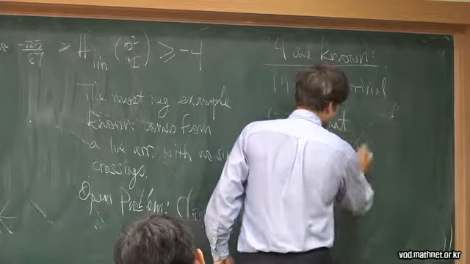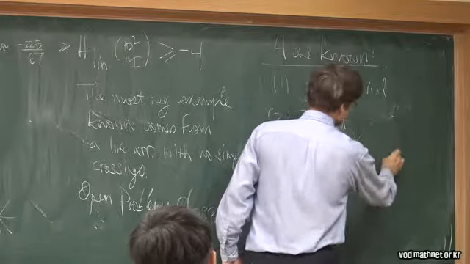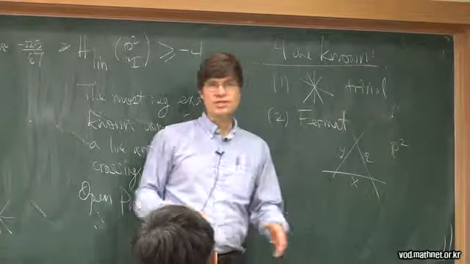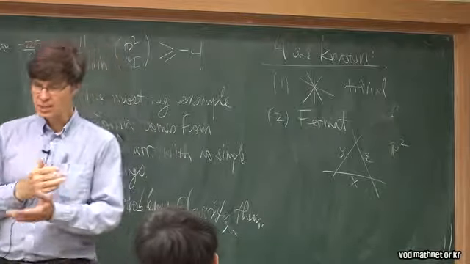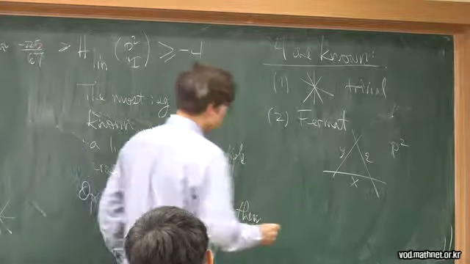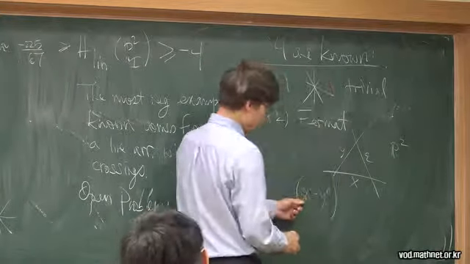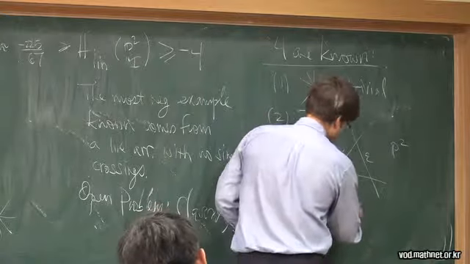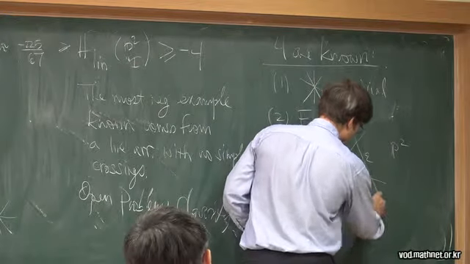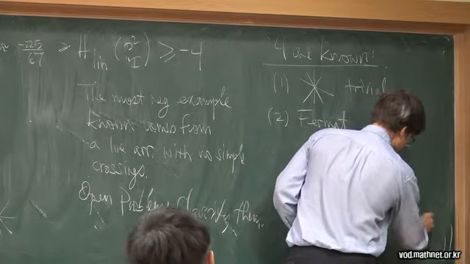And if you use the usual coordinate system on P2, I'll just define the equation whose zero locus is the set of lines. Take x to the n minus y to the n, x to the n minus z to the n, and y to the n minus z to the n.